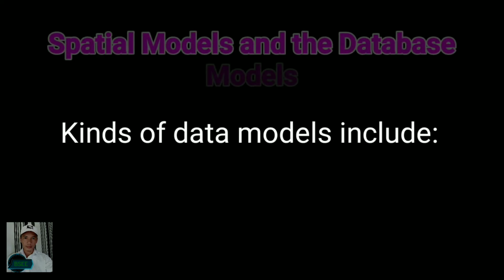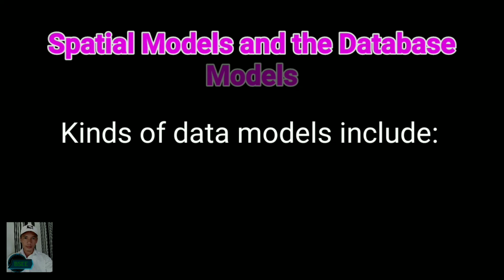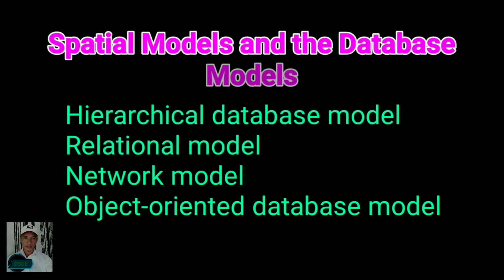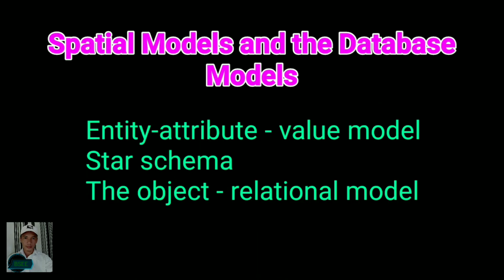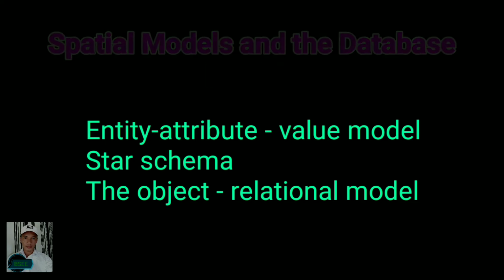There are many kinds of data models. Some of the most common ones include hierarchical database model, relational model, network model, object-oriented database model, entity attribute value model, star schema, and the object relational model, which combines the two that make up its name.